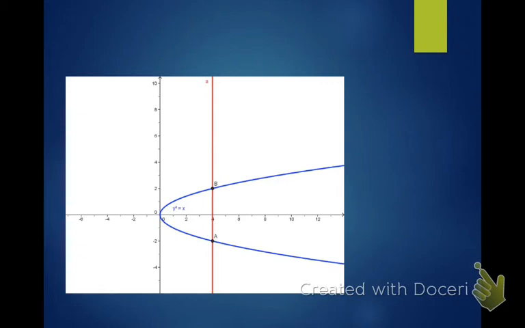Now, we still want to figure out what's the domain and what's the range. As far as domain, what's the lowest x value or the smallest x value on my graph? 0. Is 0 included? Is it on 0? Yes.